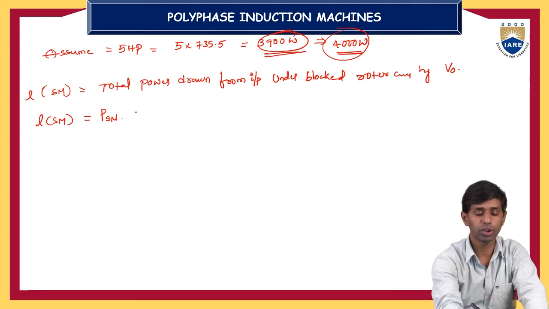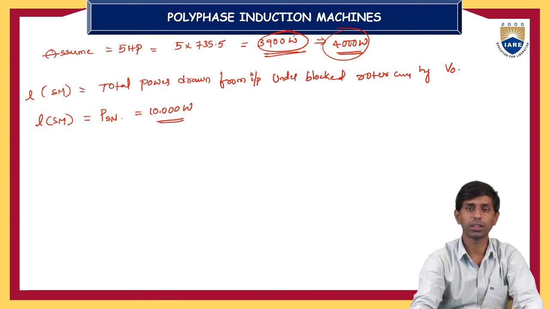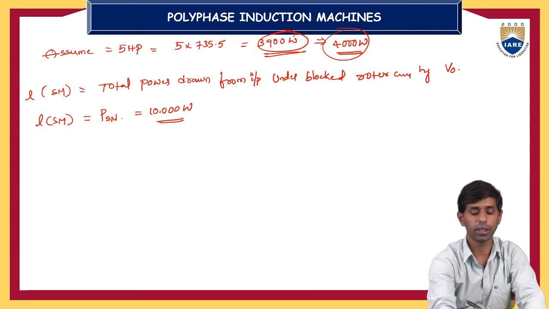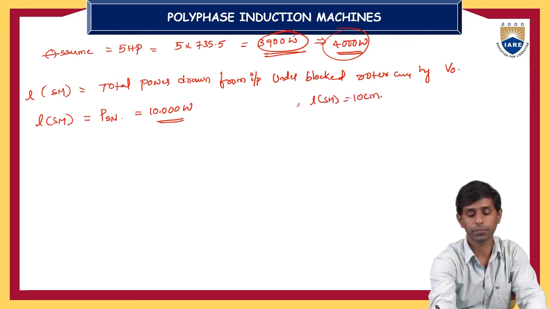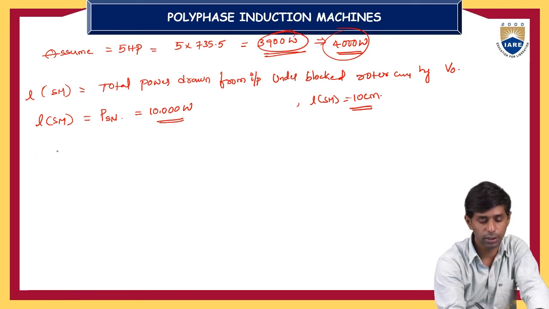For example, I am assuming the short circuit normal power is 10,000 watts, and the length of the SM is equal to 10 centimeters. So now divide this PSN, that is 10,000 watts, by 10 centimeters.